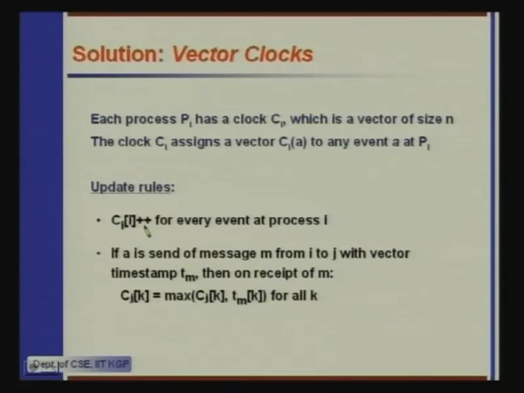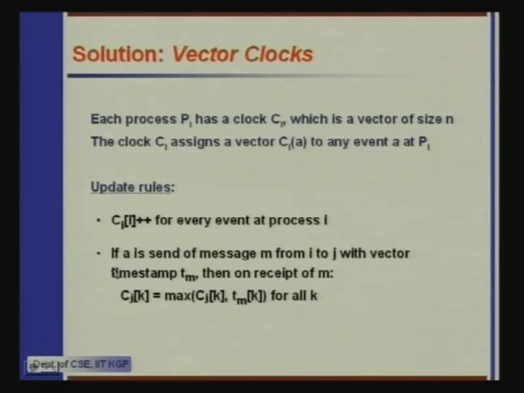So, the clock of process i should get incremented, so that the ith dimension of this vector will be incremented, right. But this is not communicated. So, Cj[i] in the process j is not affected by this. This is a local updation of my own dimension in my own vector clock, right.